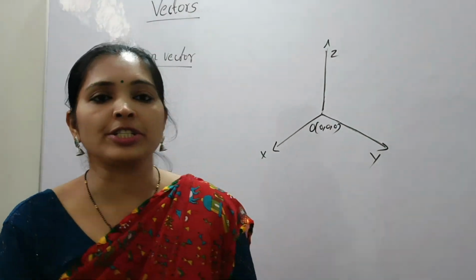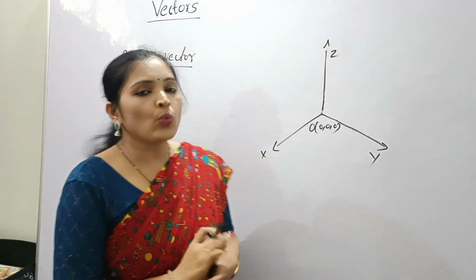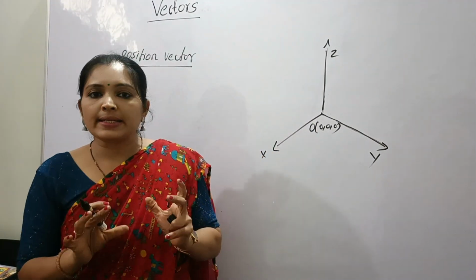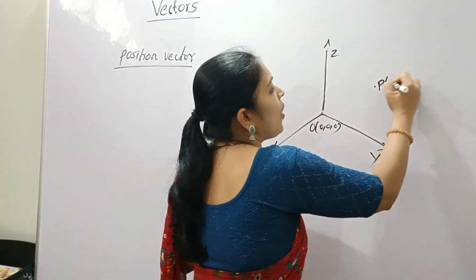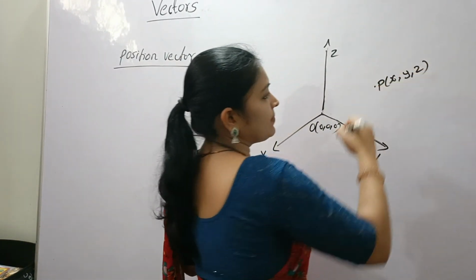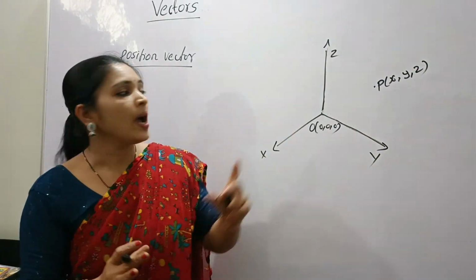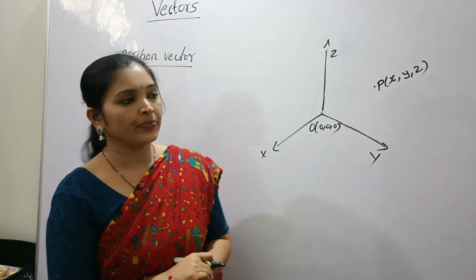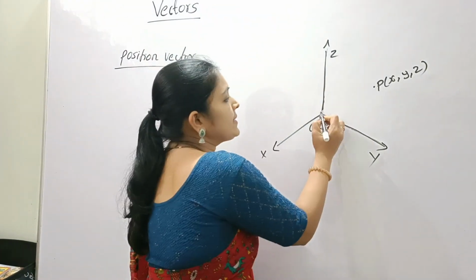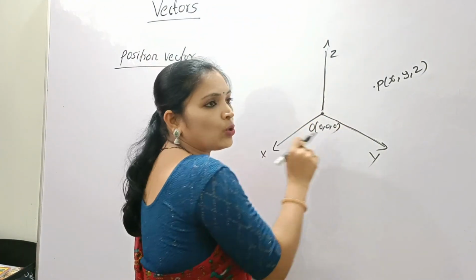Next is position vector. We have an XYZ plane. Let's consider a point P of x, y, z in the XYZ plane. Here it is the origin O of 0, 0, 0.